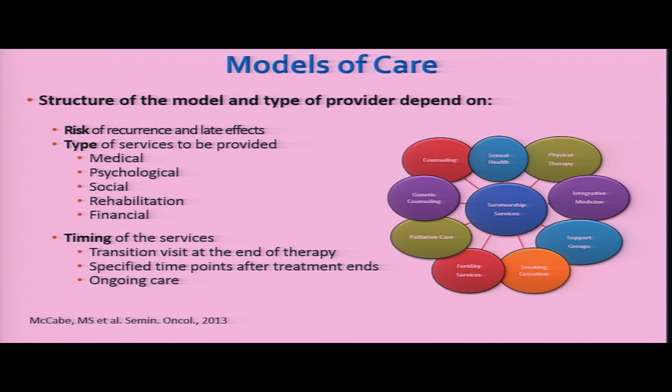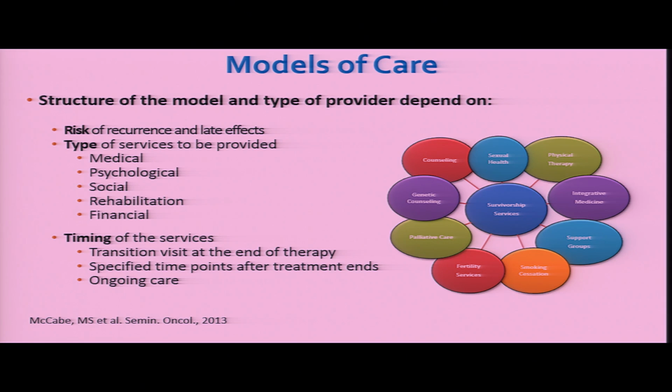And using a risk-based approach to care, and a number of people in this room have written quite extensively about it, we also look within our healthcare systems at what additional types of services we need to include to have comprehensive care for cancer survivors, and at the timing of those services, whether it's a one-time consultative visit or ongoing care.